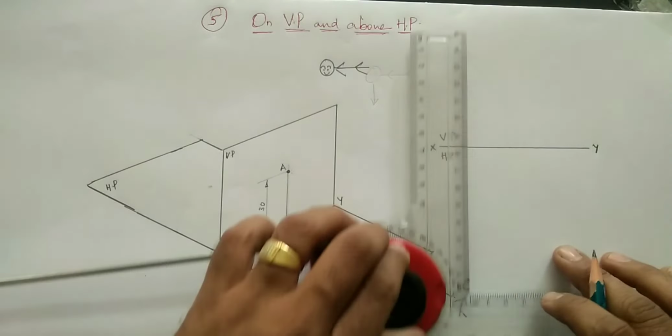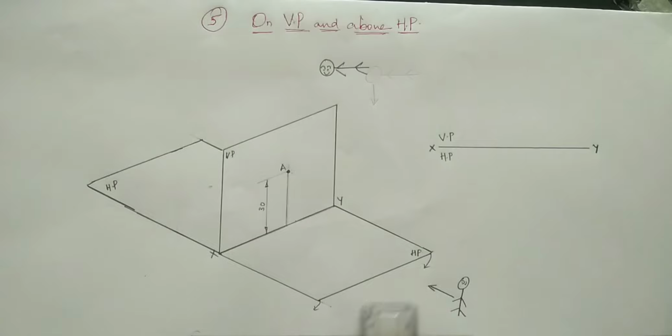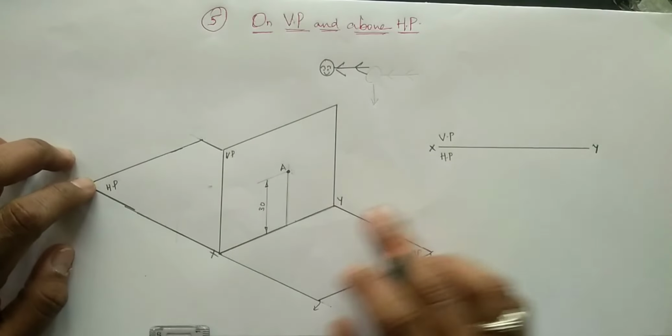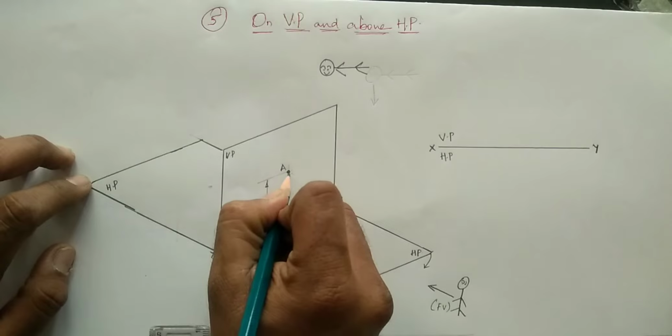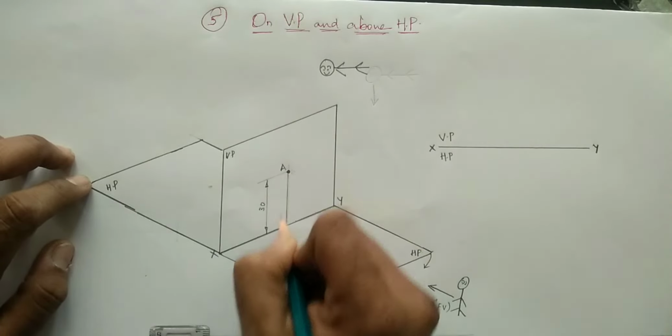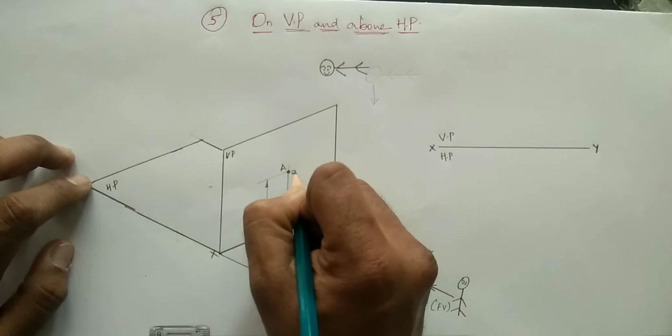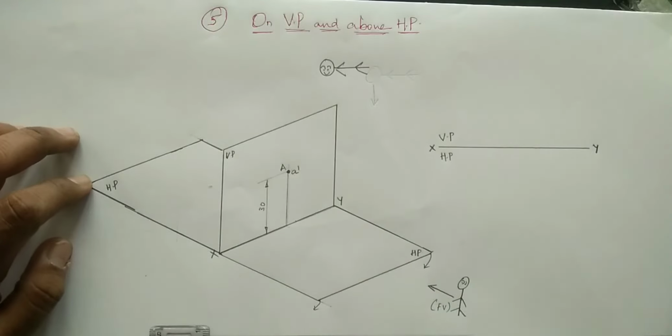Before going for the 2D drawing, let me go ahead for its visualization. If an observer sees it from the front view, the point A exists over here, which is at a height of 30 mm. We mark it as A dash.